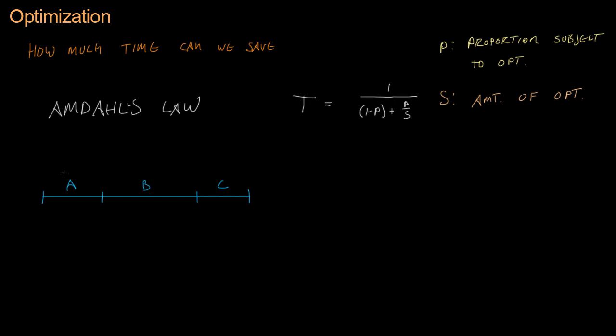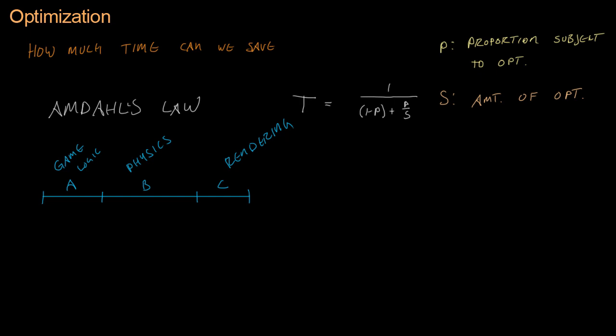And maybe first we execute the game logic. That's part A. Maybe I should have called it part G. And then we're going to do the physics, and then we're going to do the rendering. And we want to know how much we can make this program faster by analyzing the properties of each one of these 3 sections of the code.